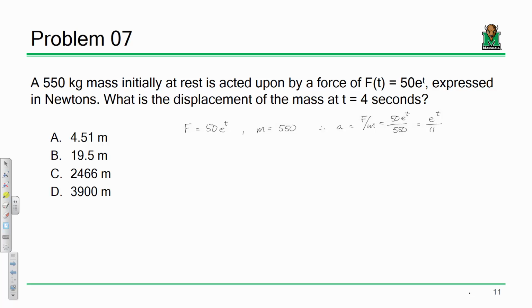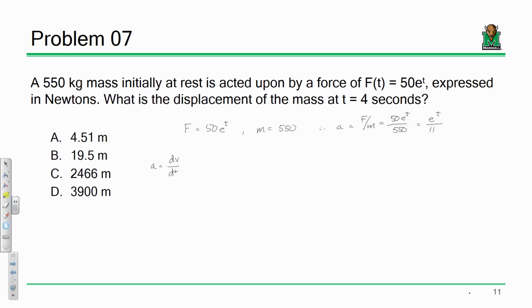Tell you what, let me ask you a different question. I have a function that describes the acceleration. How do I develop a function that describes the velocity? You integrate it, right? Because the acceleration is defined as the derivative of the velocity.